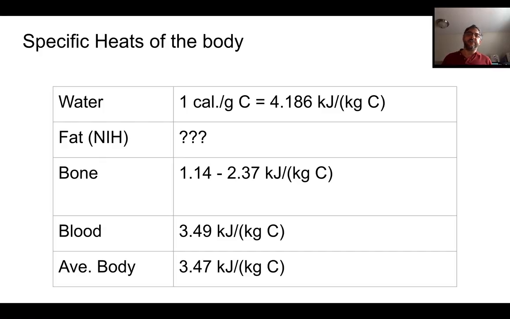That's the definition of a calorie: to heat 1 gram of water by 1 degree Celsius. Bone, blood, and fat will have their own specific heats that I couldn't find any definitive values for. Notice that these are all about the same as water, not much different. Bone is the most different.